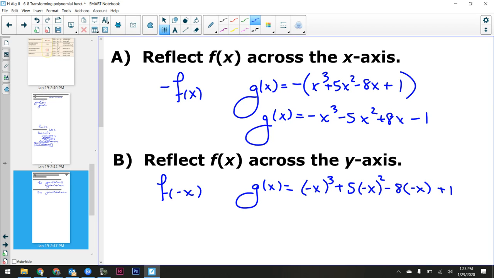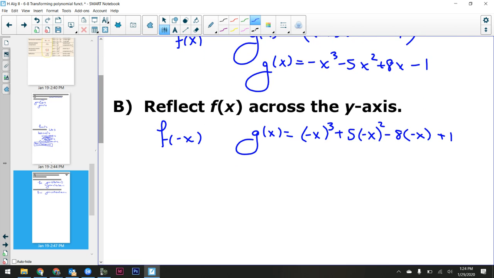Does my constant change? Does my y-intercept change when I reflect across the y-axis? No. If it's on the y-axis and you reflect it, it does not move. What changes, I guess I should say, is anything with an odd power. Because think about it this way.